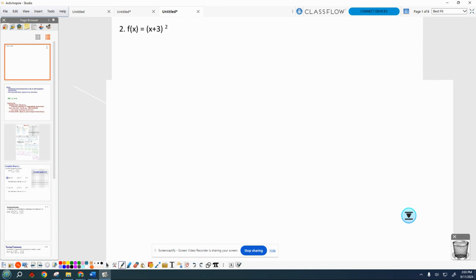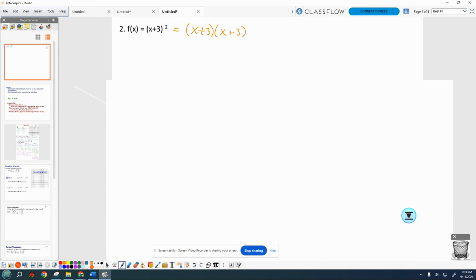First of all, I want to know what this equation is. Aiden, how do I multiply this out? What is that expanded? X squared plus 9.